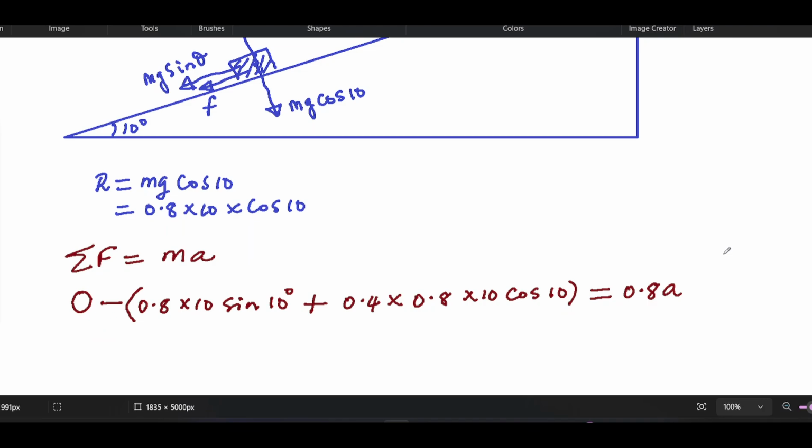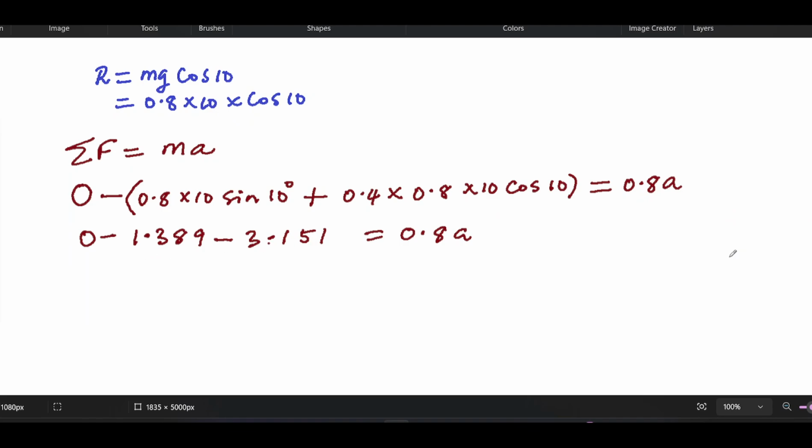Now, if I open the brackets and put in the values, I will get 0 minus the first value we've computed, which is 1.389. And then the minus sign operates on this, which computed gives me 3.151, as being equal to 0.8 a.